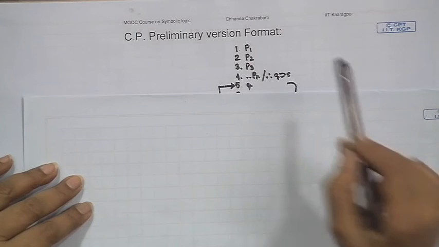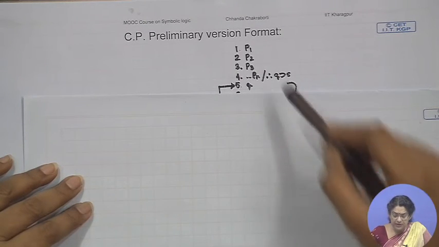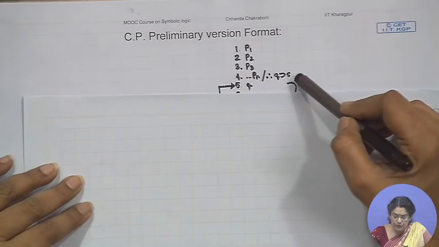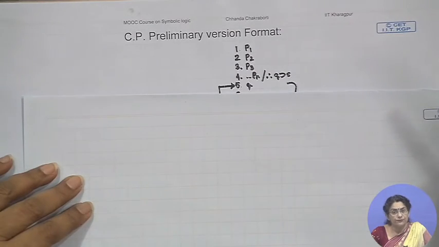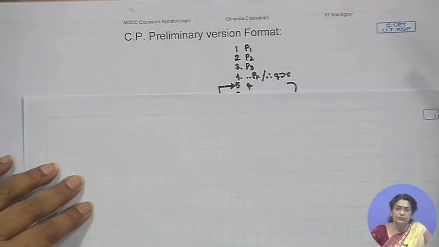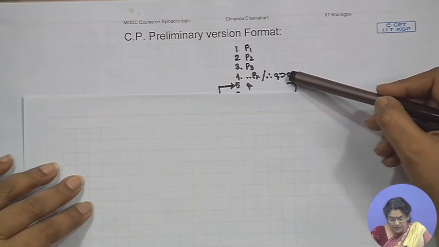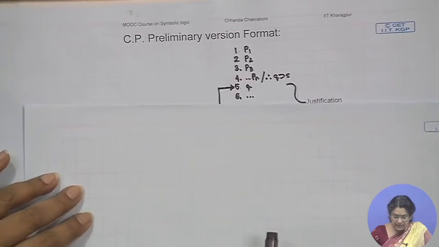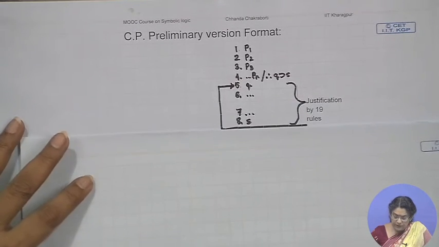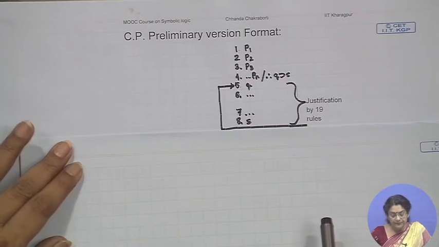From this, what is your target? What are you going to show? The answer is, out of all this, what we will show is that S follows. So, we are saying, given all these premises and Q, let us suppose that Q is true, S follows. So, that is what we will solve for, S, and this is where your knowledge of 19 rules is going to really again come out and help.